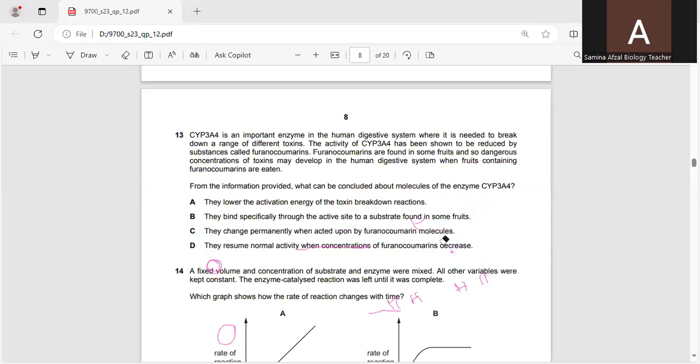CYP3A4 is an important enzyme in the human digestive system, where it is needed to break down a range of different toxins.